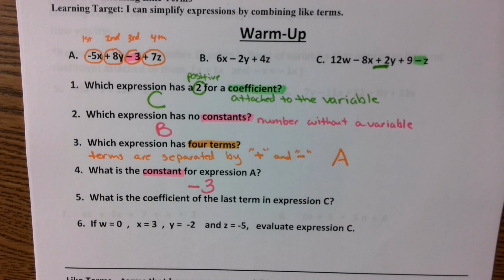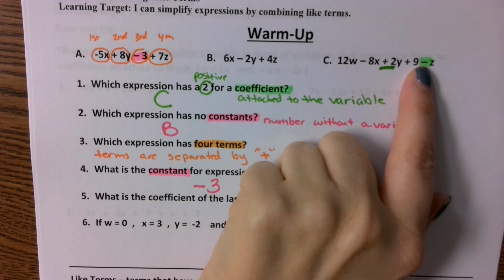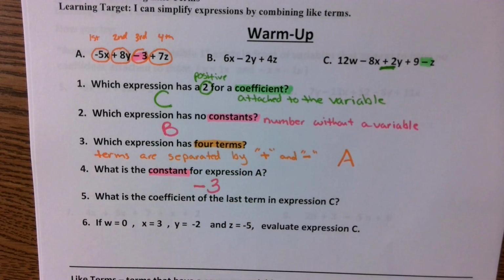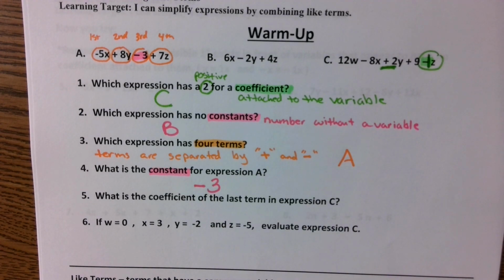Just the same as at the top row in purple, it says every negative variable has a coefficient of -1. So if it says negative x or negative z, then the coefficient is -1. There's an invisible 1 that exists when there's not a number written. So our last term has a coefficient of -1.